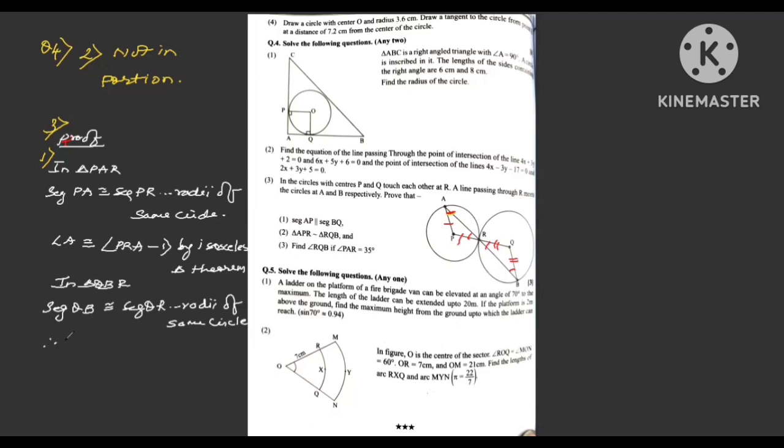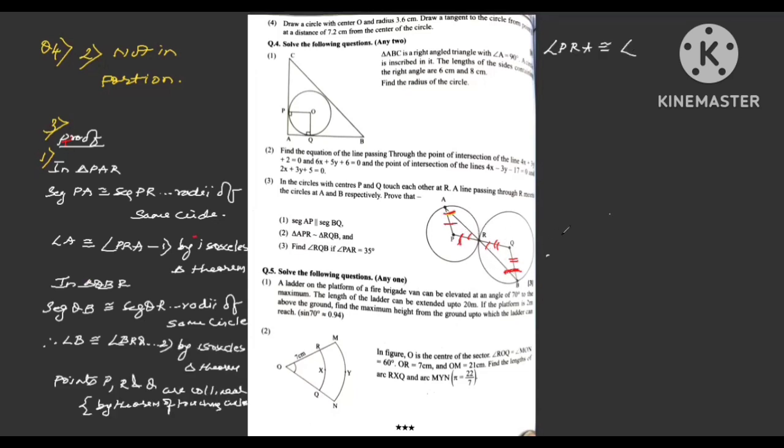Therefore, angle B is congruent to angle BRQ. The reason is the isosceles triangle theorem.